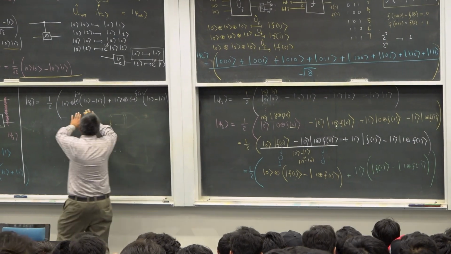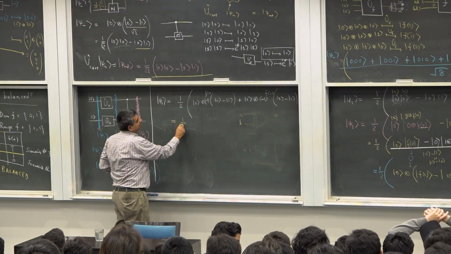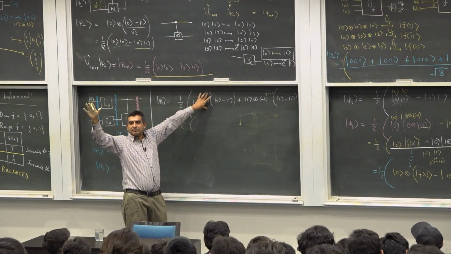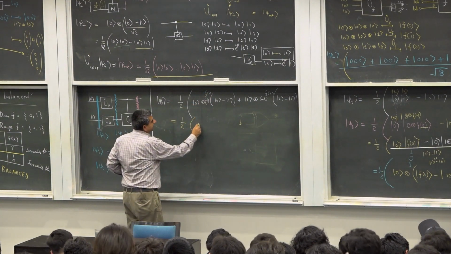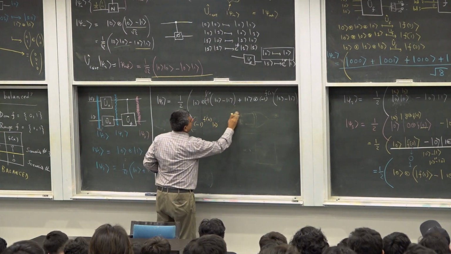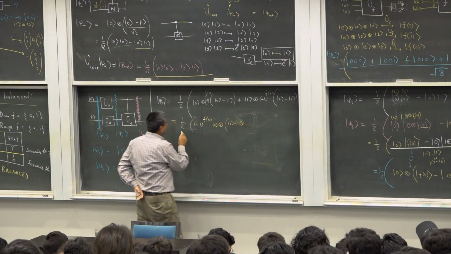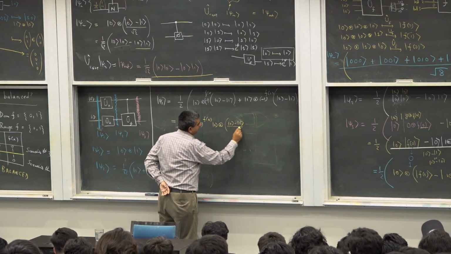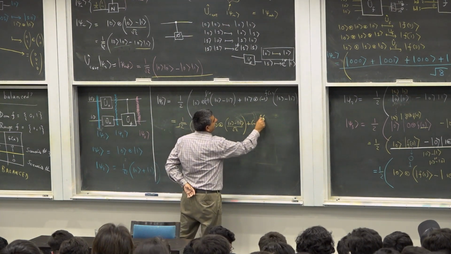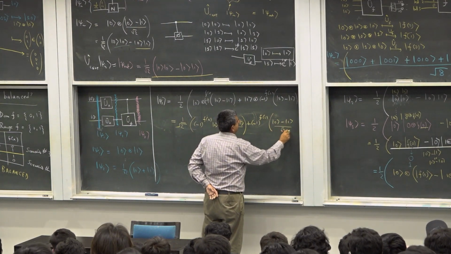So now this is our psi 3, and what I could do is half. This is just a number, so I could bring this out, minus 1 to the f of 0, ket of 0 crossed with 0 minus 1, and I could convert this into half square root plus minus 1 to the f of 1, ket 0 minus ket 1 over square root 2.